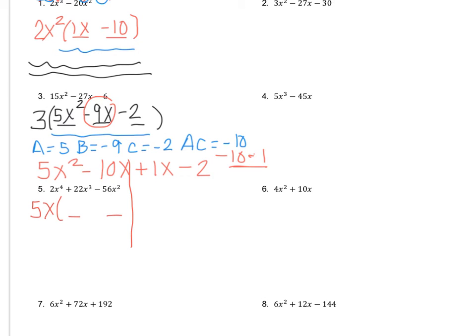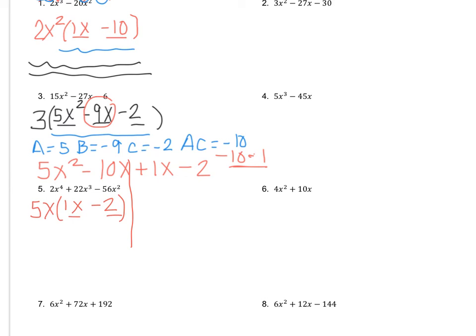5 divided by 5 is 1. If I took 1x out of x squared, I have 1x left. Negative 10 divided by 5 is negative 2, and I took the x away, so it's gone. Now let's look. Remember, I want the exact same thing in both sets of parentheses.